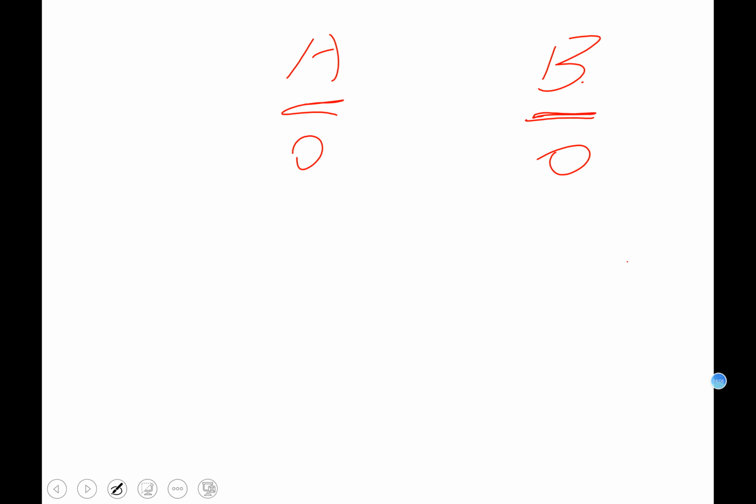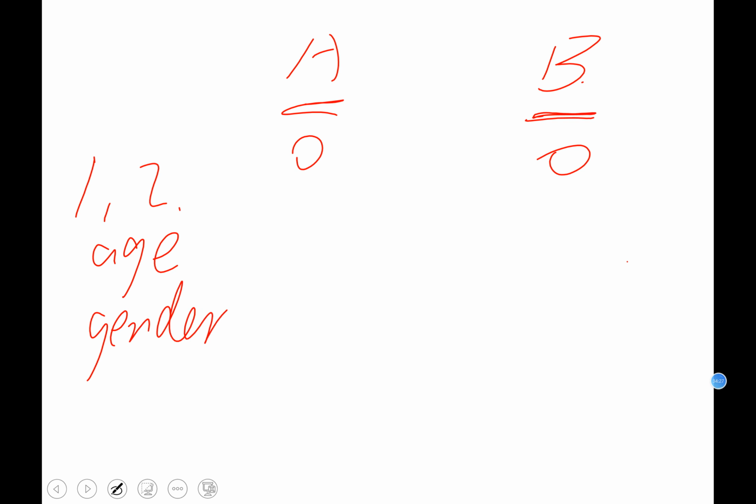Okay, so let's take another example, not twins. For example, we have two persons, number 1 and number 2. These two patients have the same age and gender. For example, both of these two patients are 50 years old and they are male.